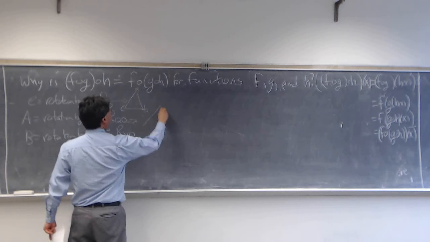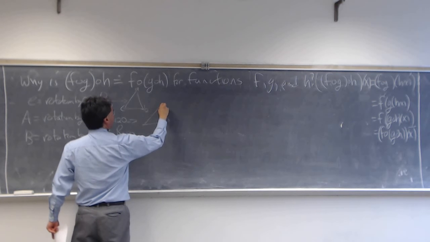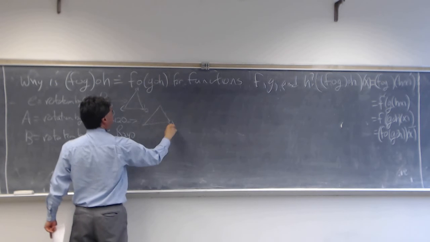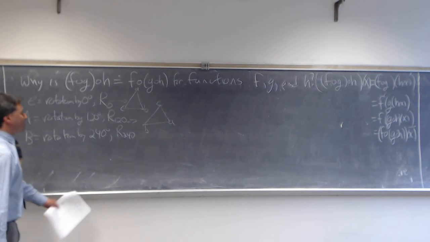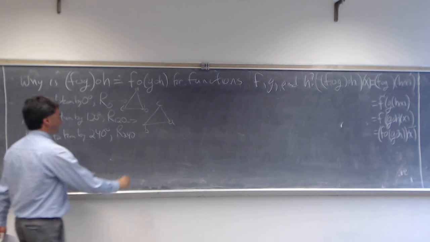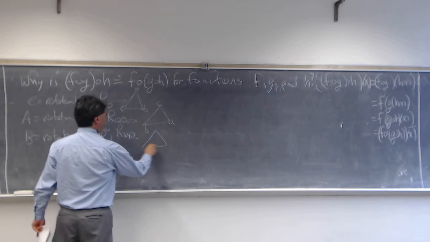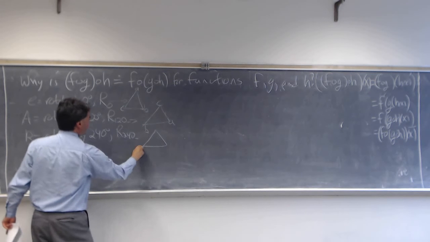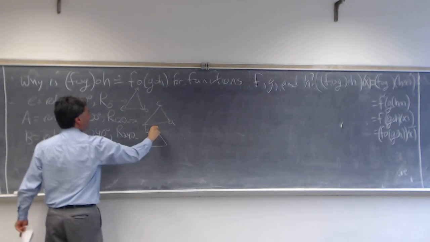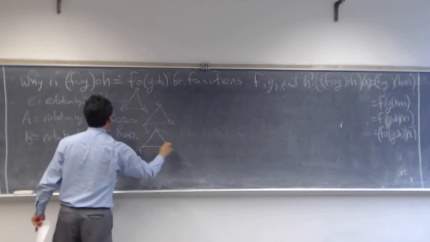Then R of 120 you could think of ending with, now if I rotate, the A would be here, B, and C. Again, these triangles are all equilateral, though they may not look it. And 240, if I took this and rotated 240 degrees, the A would be here, the B would be up there, and the C would be there.